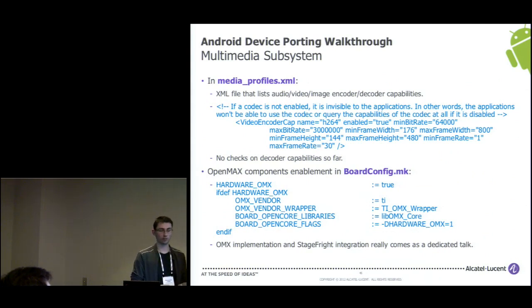Regarding the multimedia subsystem, most of the work is usually done by your SoC vendor. So it is really pretty uncommon that you have to modify that. The only thing that you may want to modify is the media.profiles.xml file, which is important if you want to specify what are the encoders capability of your system.